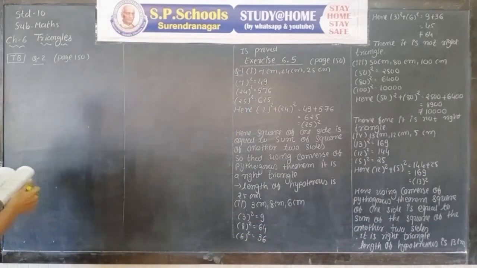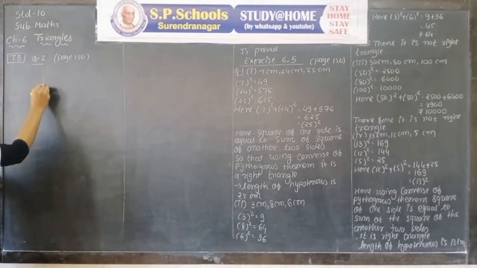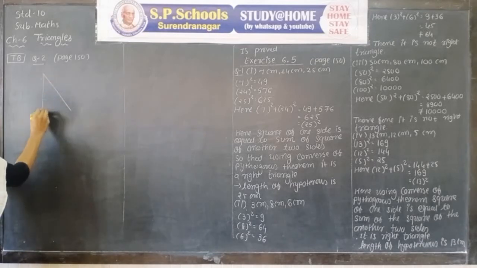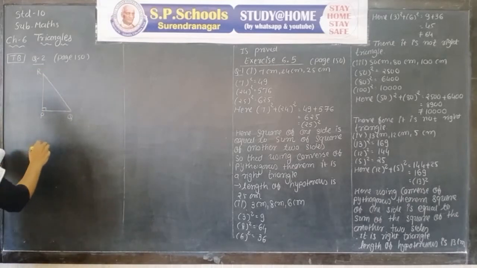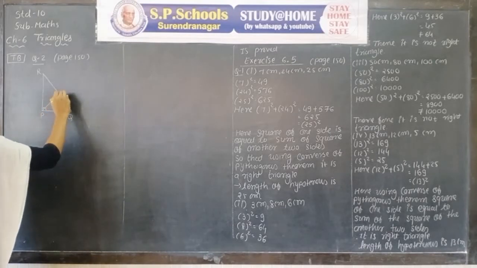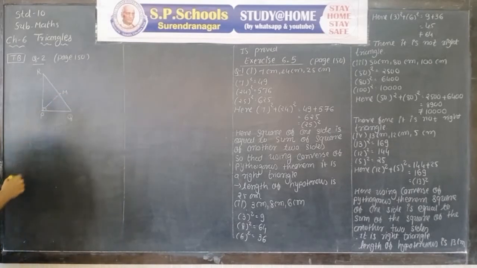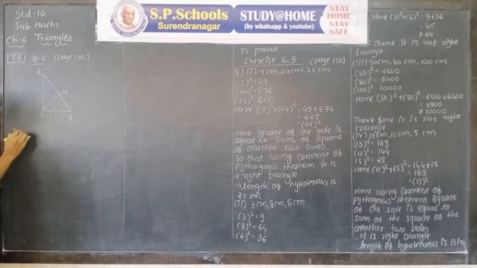PQR is a right angle triangle. First of all, we have to draw one right triangle in which the right angle is at P, PQR, P is the right angle, M is a point on QR such that PM is perpendicular to QR.